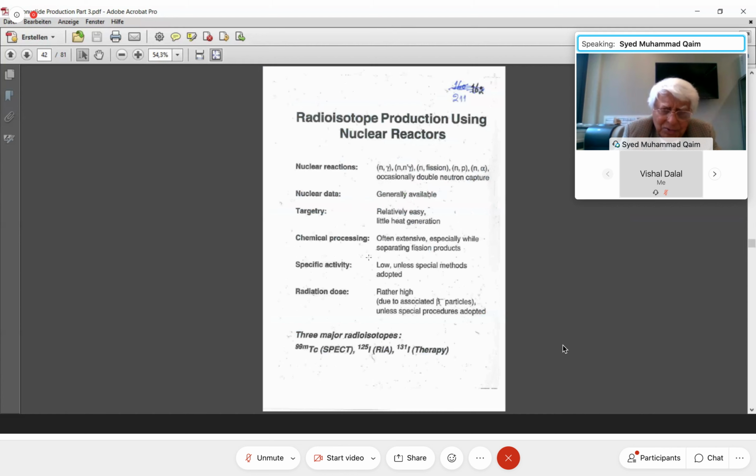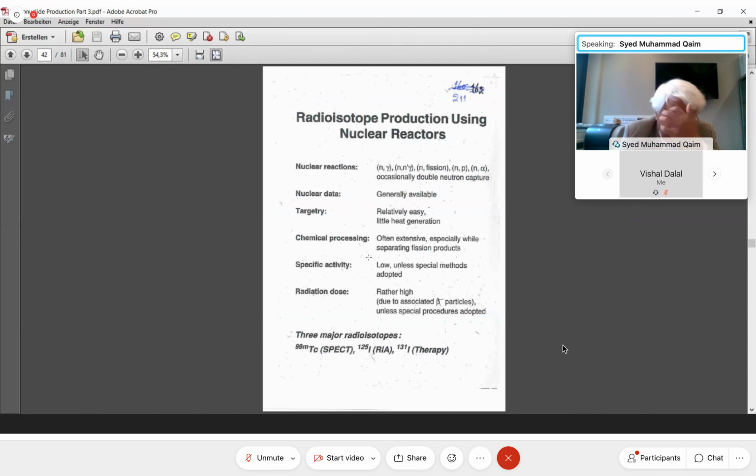If one would ask you at the end of the course, can you tell me what are the 3 most important radioisotopes produced in a reactor? What would you say? PET isotopes we cannot produce. What one can produce is SPECT isotope.